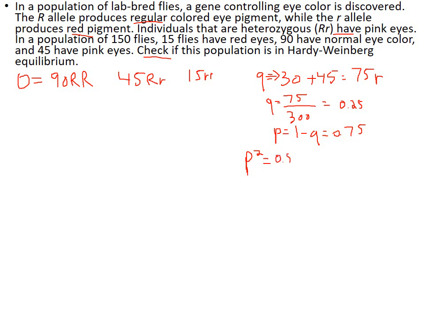I'll keep 3 decimal places. And out of 150 individuals, so times 150, that would mean that I have about 84 individuals that are big R, big R.